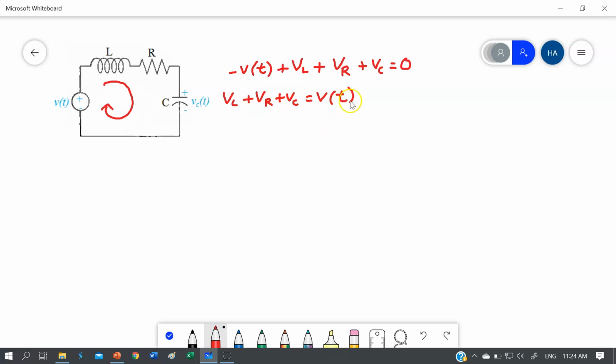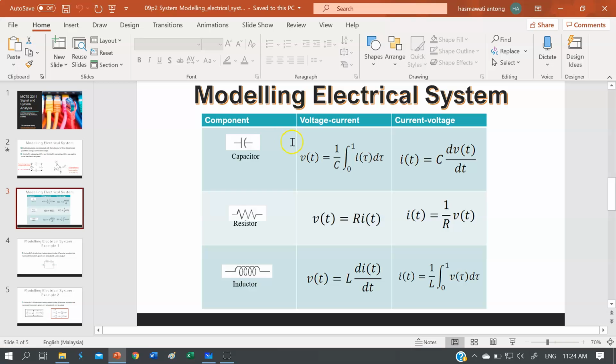Now this equation is not yet a differential equation, so we have to represent these voltages in terms of differential equations. If we look back at our slide, we have this table that gives us the relationship between voltage and current for each of the electrical components: capacitor, resistor, and inductor.